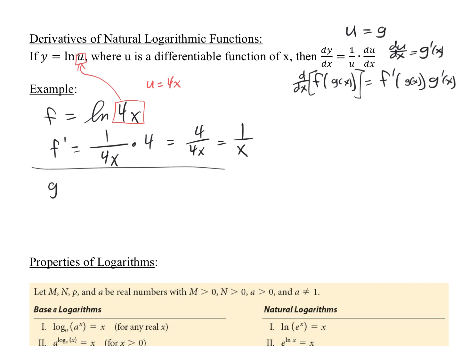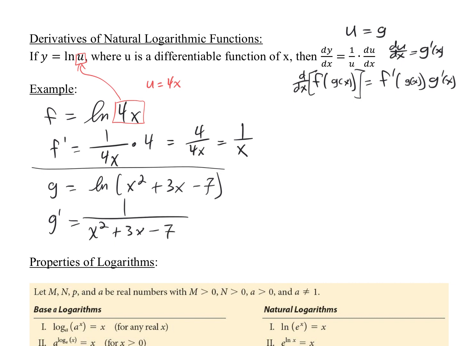What if g was equal to the natural log of x squared plus 3x minus 7? Well then, g prime would be 1 over all of that. And at its core, the derivative of a natural log is very easy to remember. It's just 1 over whatever was inside. But you can never stop there. You always have to chain on the derivative of the inside part.